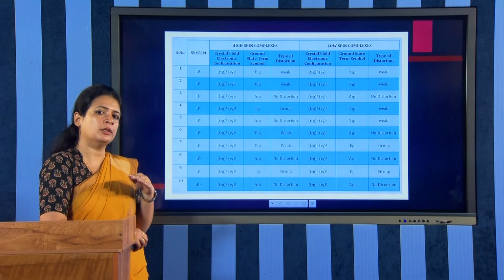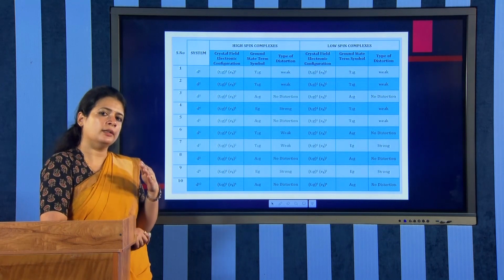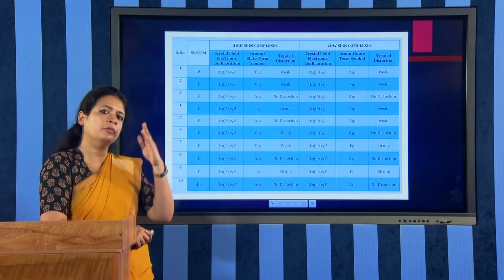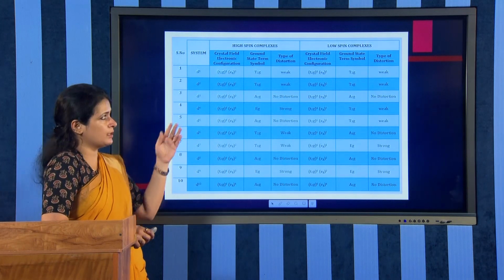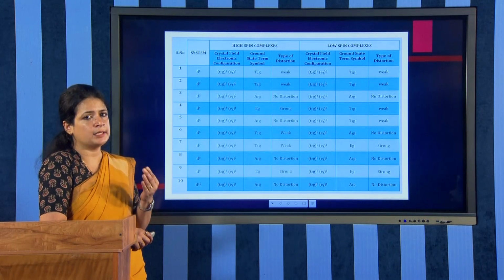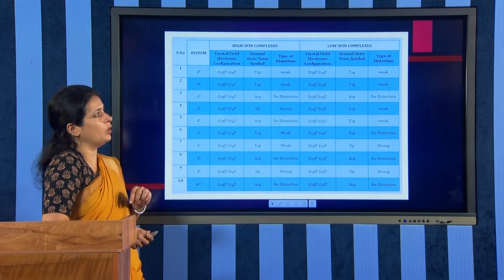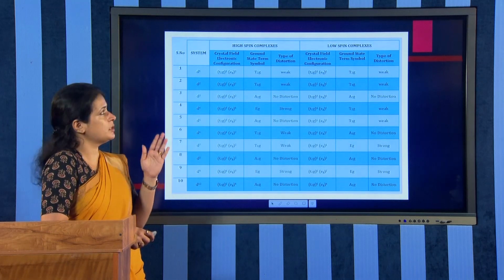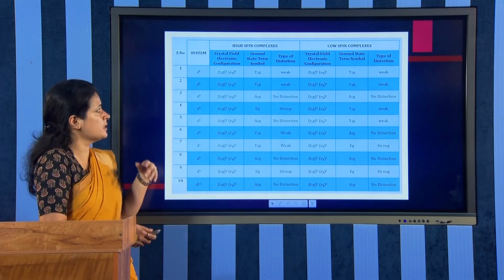In octahedral complexes, after the third electron, the fourth will move to the eg orbital; these are called high spin complexes. Low spin complexes have the spins paired, that is, the maximum number of paired electrons. All these high spin and low spin complexes were discussed in detail in the previous classes.